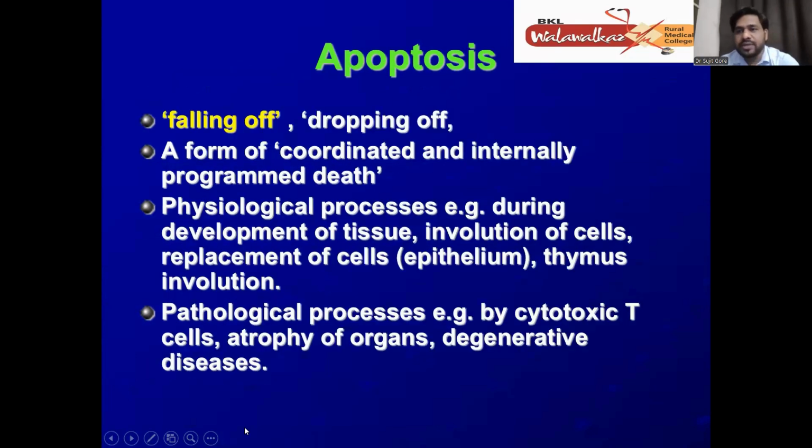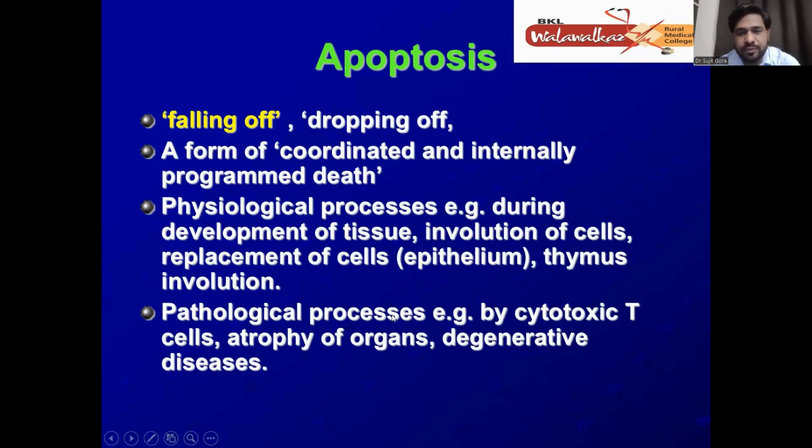So the next part of cell death is apoptosis. We'll say in short, apoptosis means falling off or dropping. It is a form of coordinated, internally programmed cell death. It is a physiological process during the development of tissues, involution of cells, replacement of epithelial cells, and thymus involution.